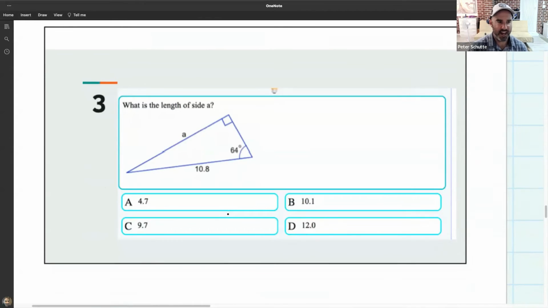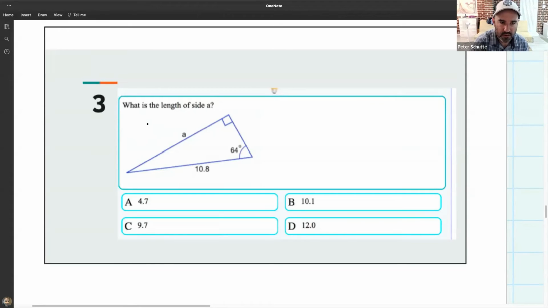Find me the length of side A and put the answer in for that. I suppose I should work these out on paper first. So what do we have?